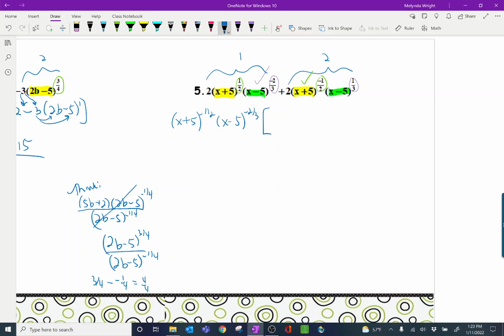Whew, okay, so we're going to do some thinking here. So let's do a thinking box. I've got 2 times (x + 5)^(1/2) (x − 5)^(−2/3), and we're dividing out of that (x + 5)^(−1/2) and (x − 5)^(−2/3).